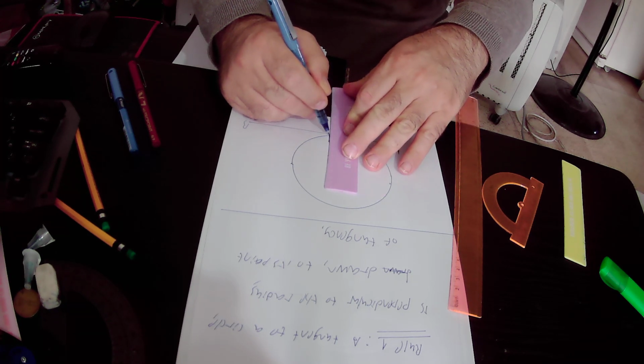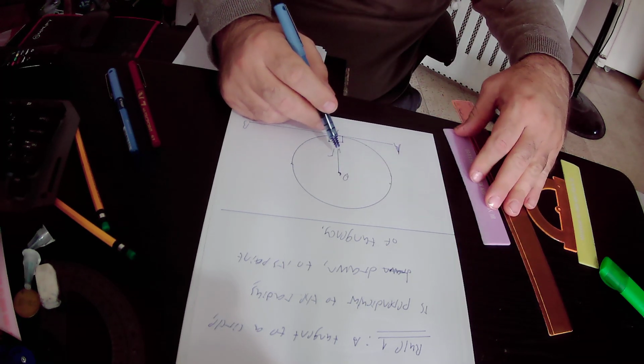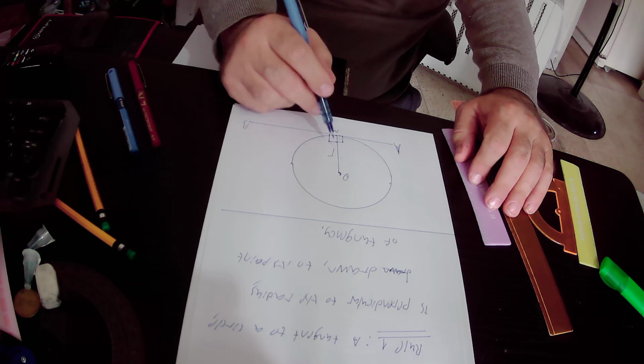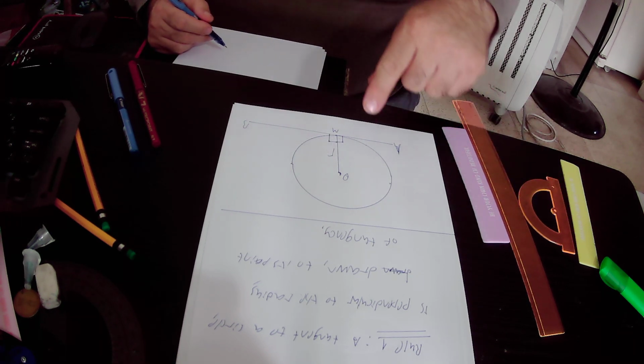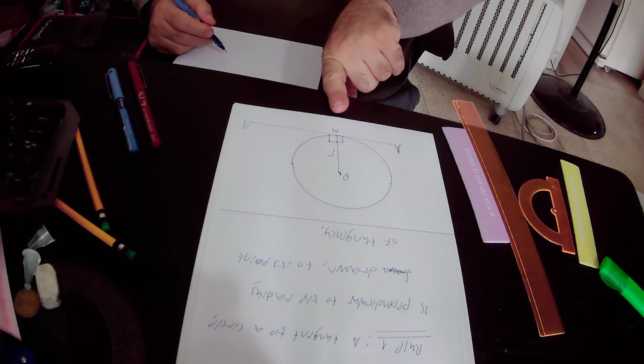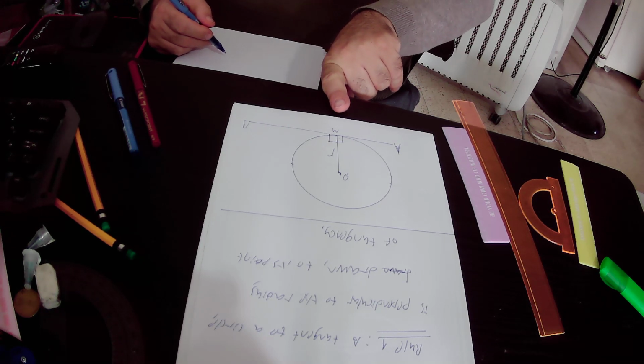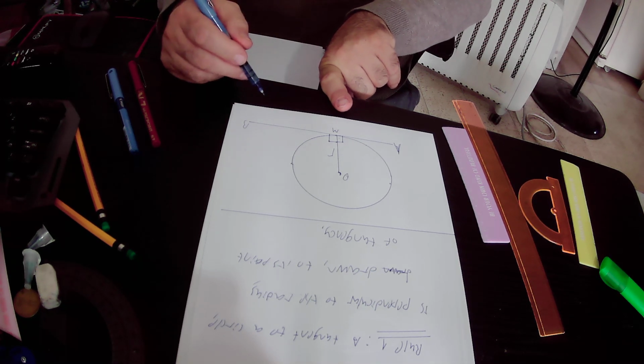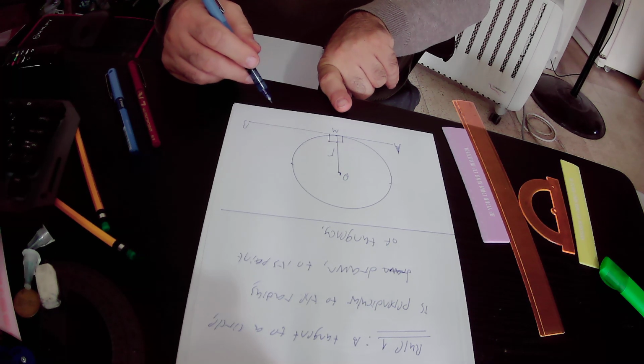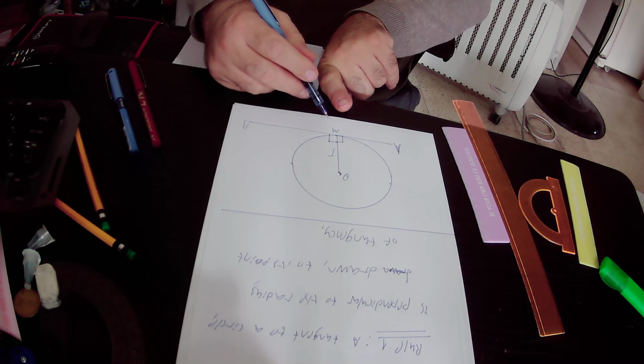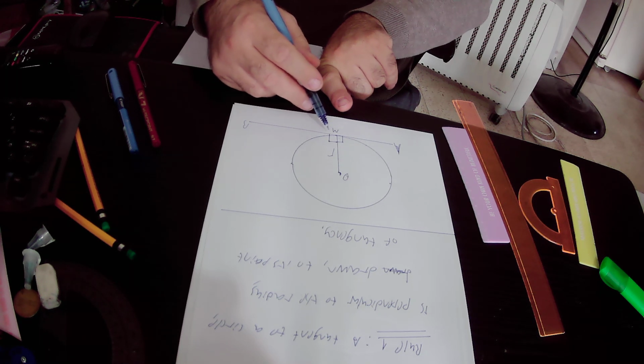So any radius like this radius that is drawn to the point of tangency, point M, then the tangent AB, that is tangent to the circle at point M, is perpendicular to this radius.